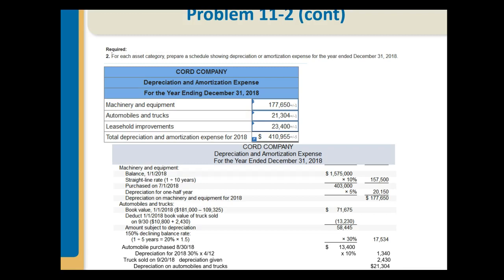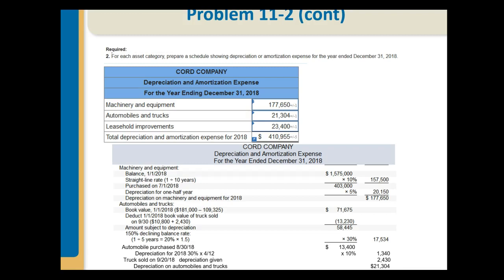Then we need to look at the automobile purchased on August 30th. We're going to take that price of $13,400, 30% of that times 4/12, we have 4 months left in the year, is $1,340. The information at the beginning of the problem gave us the depreciation on the truck that was sold in September of $2,430.